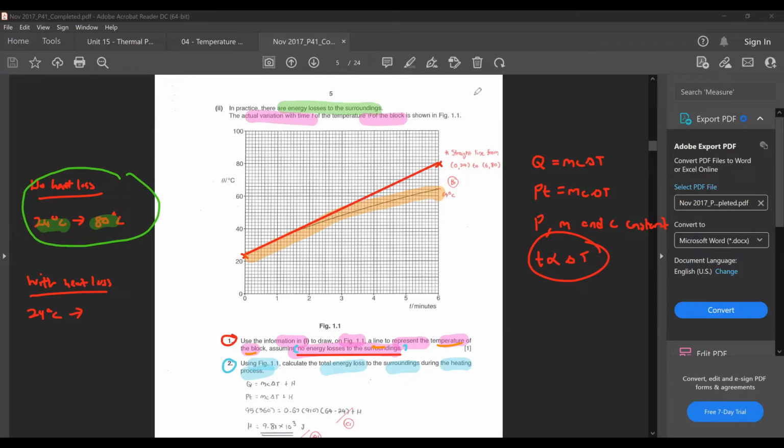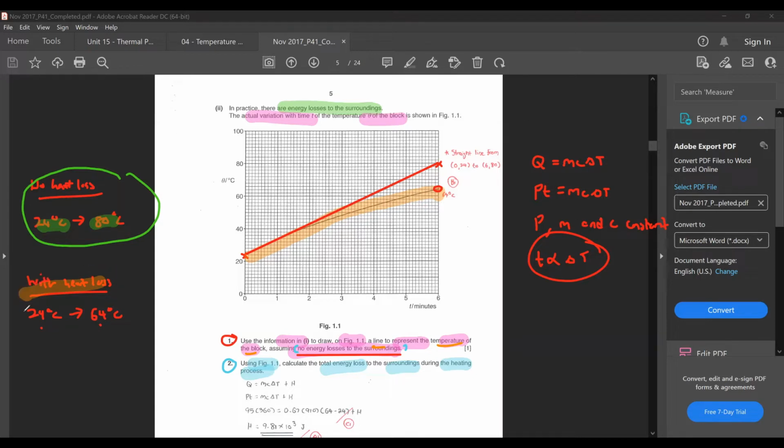So now if you look at the original graph that was already there in your question, when you had heat loss, your temperature was actually going from 24 degrees centigrade to 64 degrees centigrade. Again, this is the actual final temperature of your block with heat loss included.